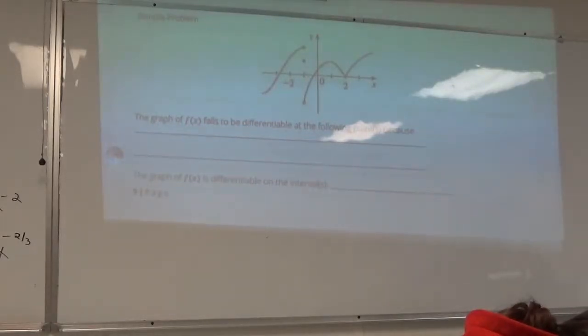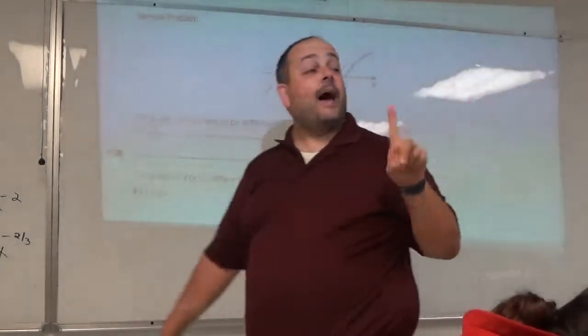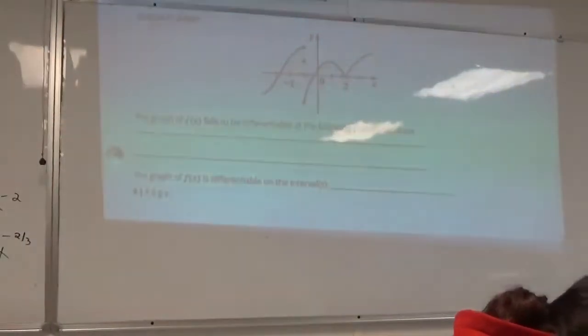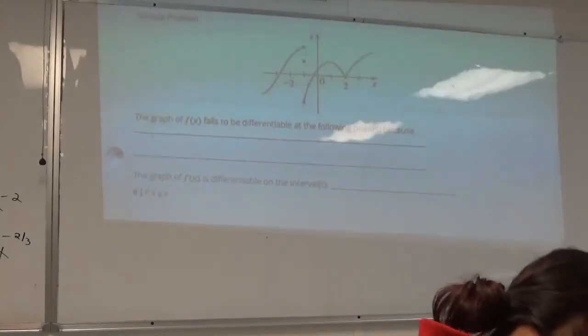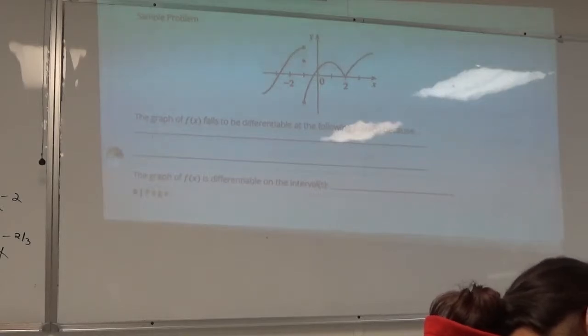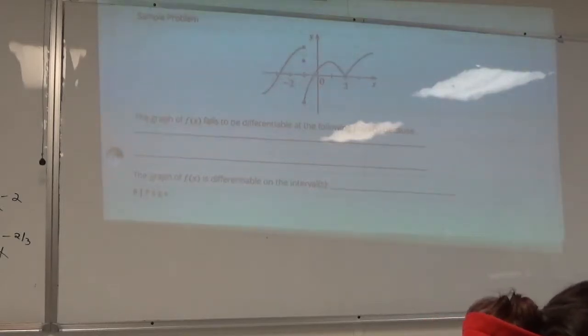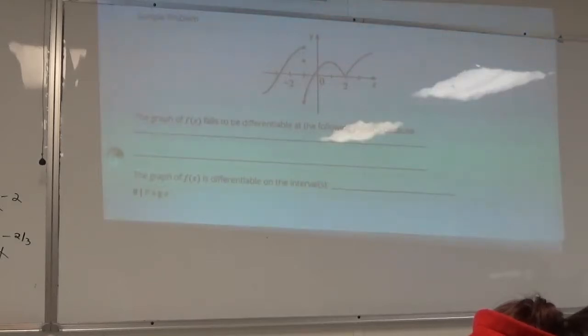So if it has any of these 3, it means the function is not going to be differentiable at that point. Just at that point, right? At that point. We're describing the function at a point.